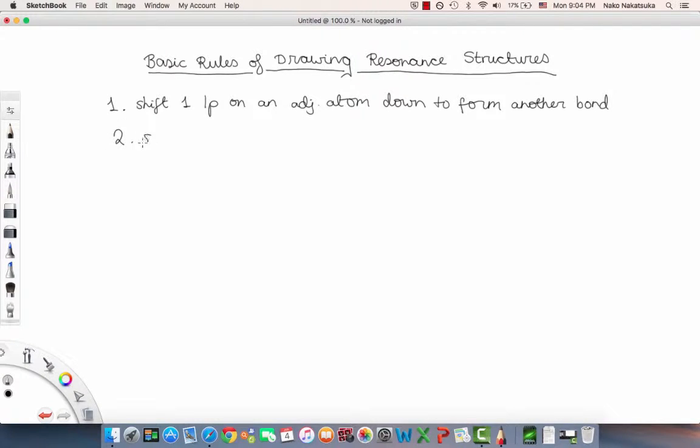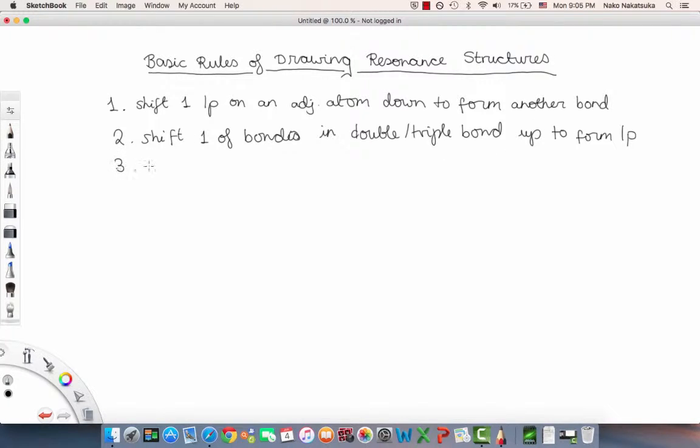The second thing is shifting one of the bonds in a double or triple bond up to form a lone pair. That's also something I showed you based on the arrow pushing.